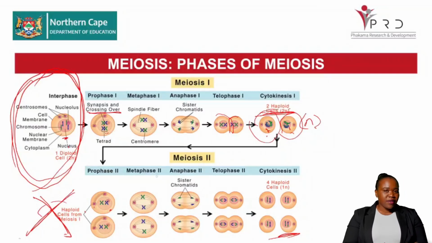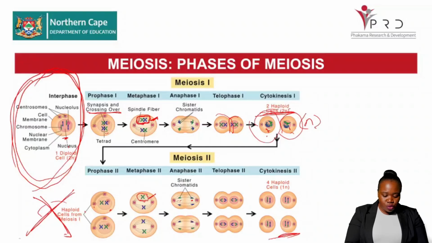Metaphase 1. How does metaphase 2 differ from metaphase 1? In metaphase 2, the chromosomes are aligned singly at the equator, not in homologous pairs. Here you can see there are 2 chromosomes, here there is 1 chromosome: homologous pairs and singly. They align at the equator, and in anaphase 2, chromatids are now pulled to the opposite poles.